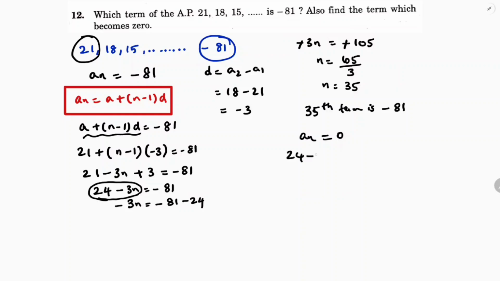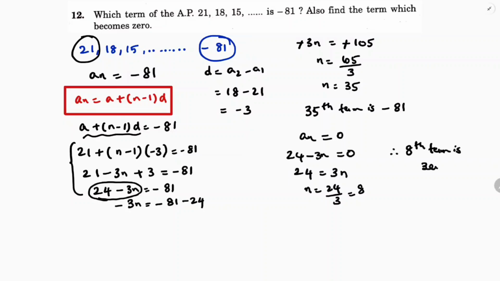So 24 minus 3n equals 0. Or you can write these 3 steps again: a plus n minus 1 into d equals 0. So 24 equals 3n. n equals 24 by 3, which is nothing but 8. Therefore the 8th term is 0, and the 35th term is minus 81.